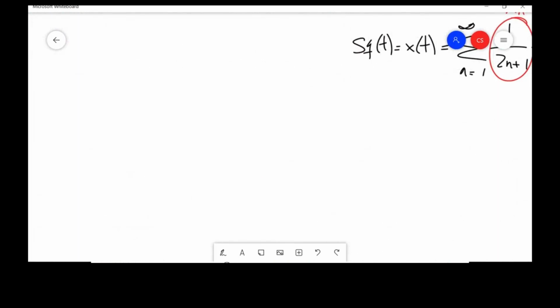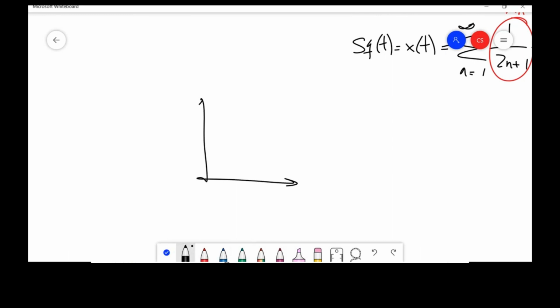Let's say that you are in a two-dimensional space, so you have x1, x2, and you have a vector here that is the point x1, x2.